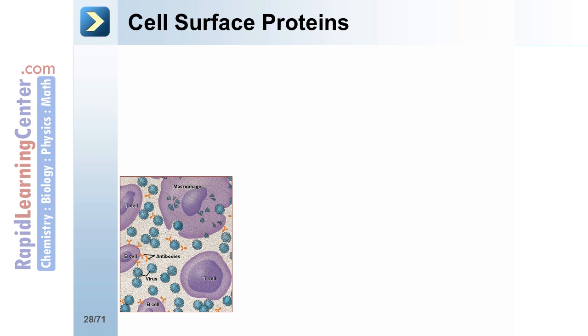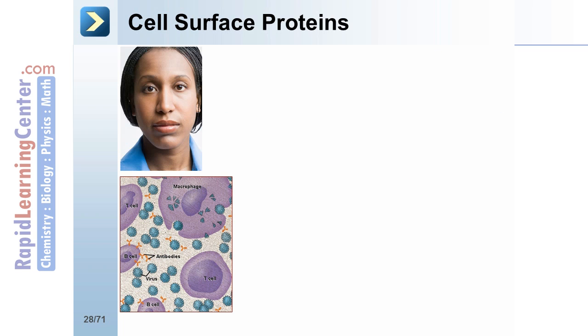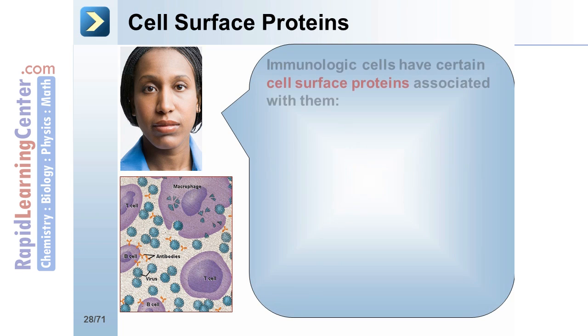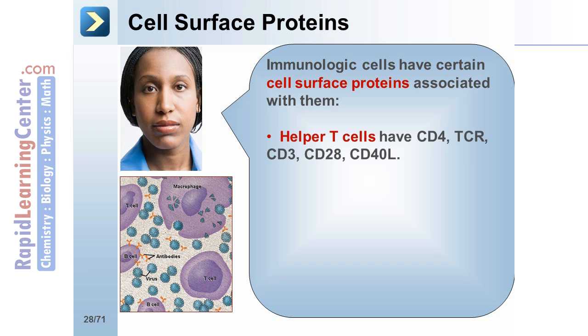Now let's take a look at cell surface proteins. Immunologic cells have certain cell surface proteins associated with them. Helper T cells have CD4, TCR, CD3, CD28, and CD40L. Cytotoxic T cells have CD8, TCR, and CD3.